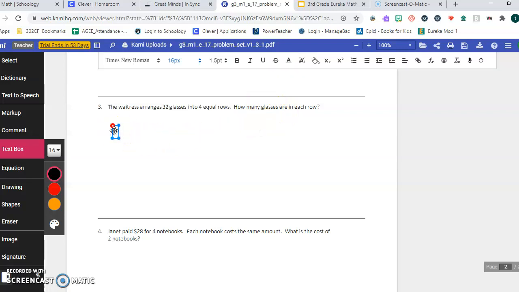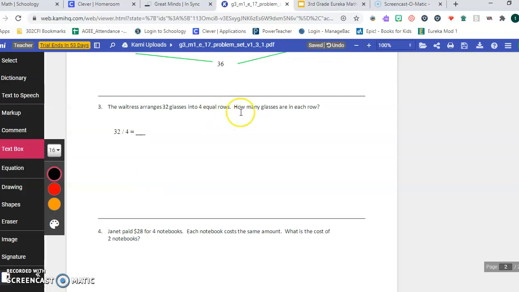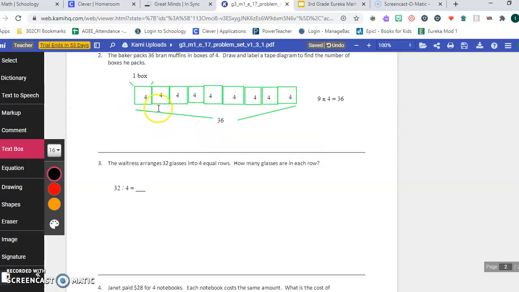So my equation to model this problem is going to be 32 divided by 4, and that equals something. I don't know exactly yet. I'll figure that out, okay? But when I do 32 divided into 4 equal rows, I could do a count by here.